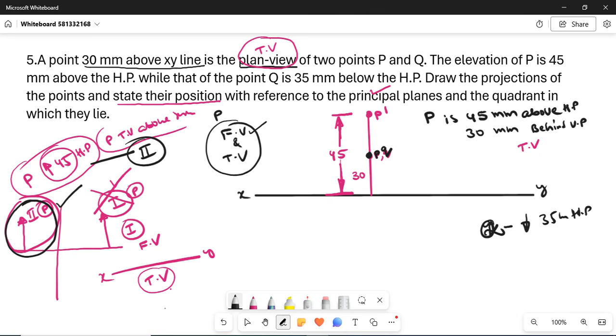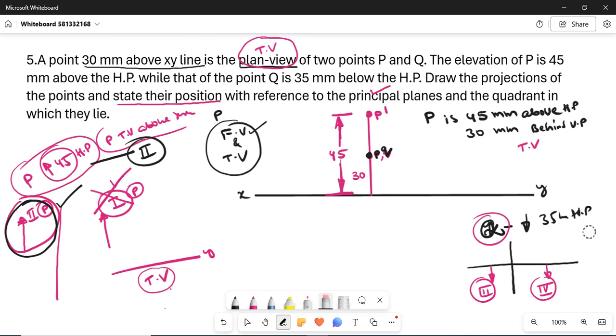Now we want to decide in which quadrant the Q point lies. When you take the four quadrants, below HP means it may belong to the third or the fourth quadrant. Now we want to decide whether Q is in the third quadrant or the fourth quadrant.